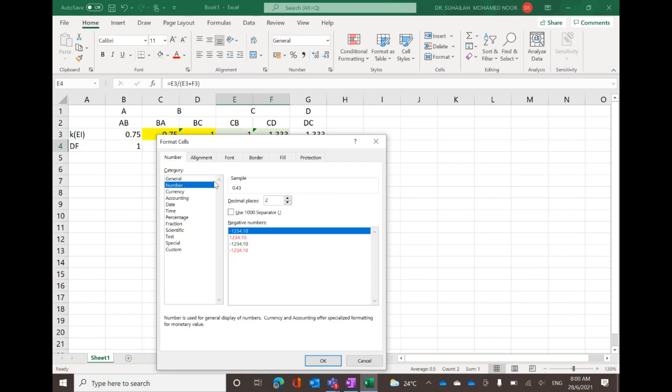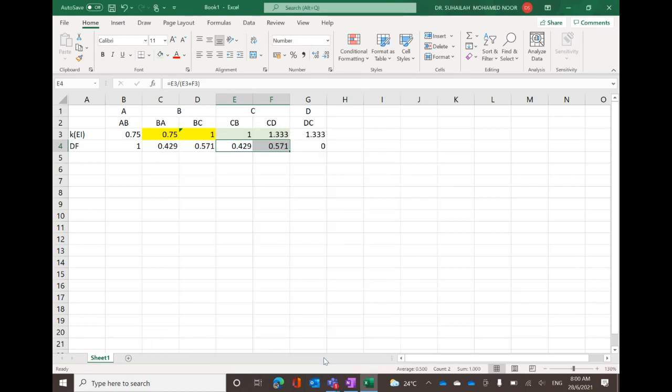A fixed end is not the end of the structure, so the value will be divided by infinity. So the distribution factor for a fixed end is 0.